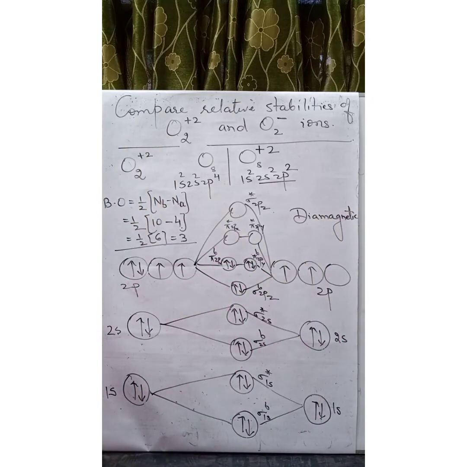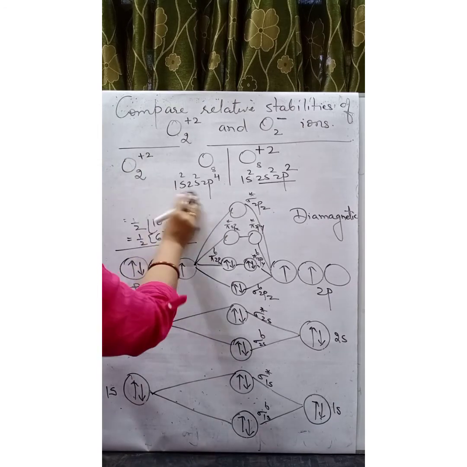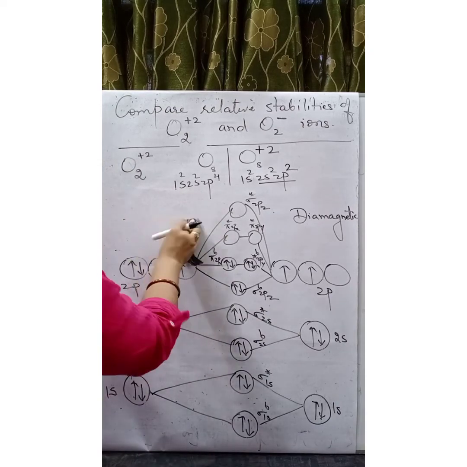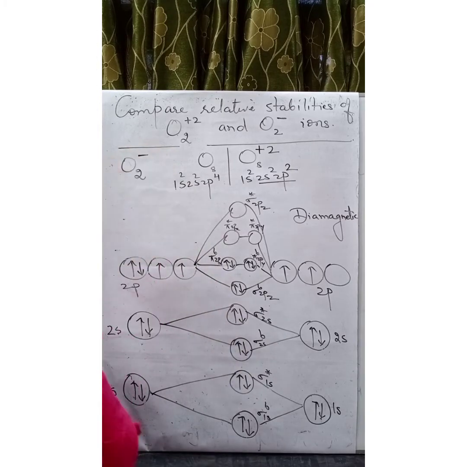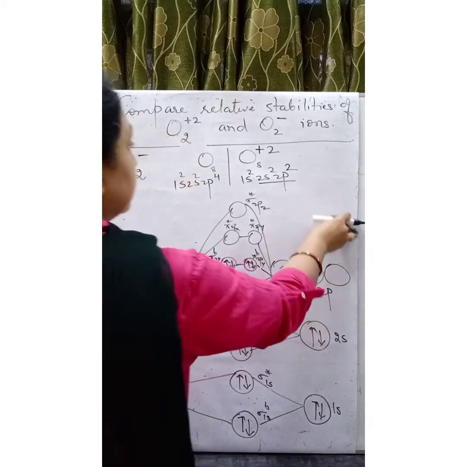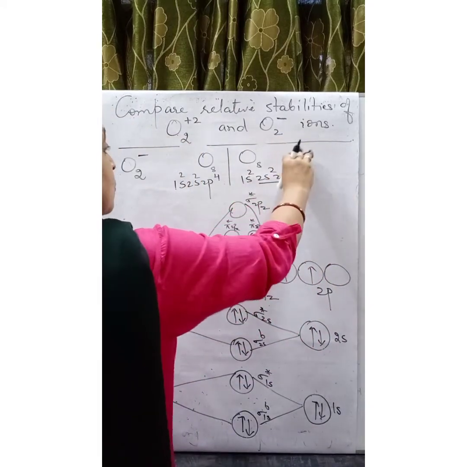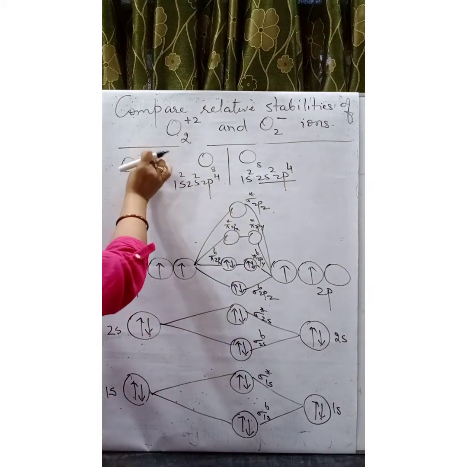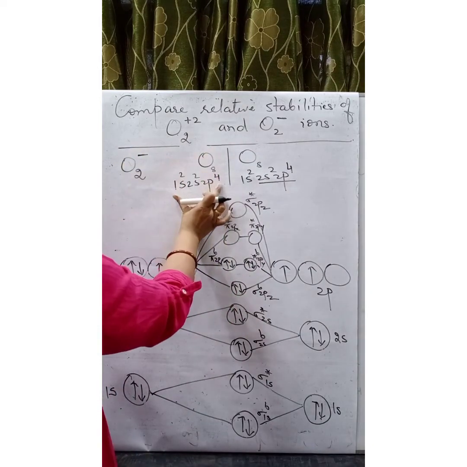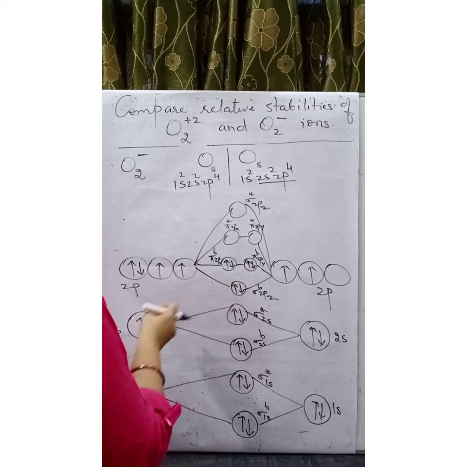Now let us see about O2 minus 2. In the same manner, first of all, put down the electronic configuration. Forget the charge. O2 is made up of one oxygen atom and the other oxygen atom.